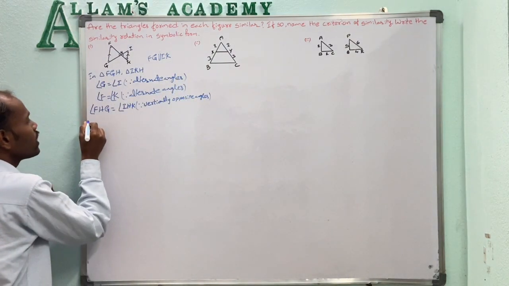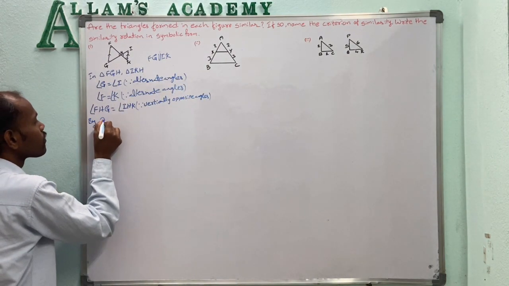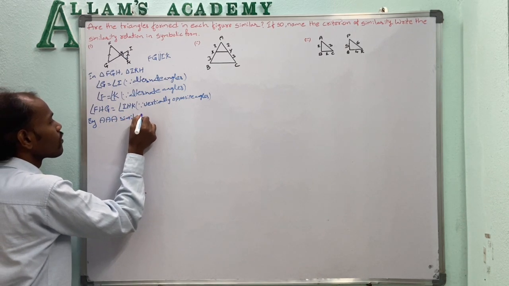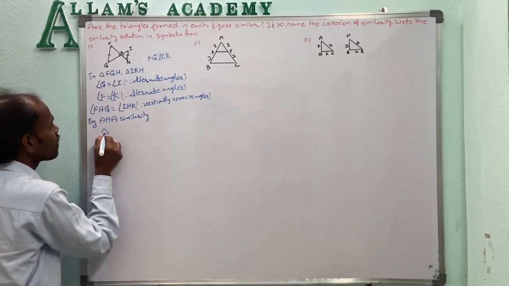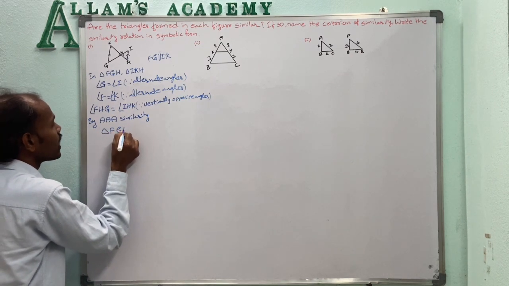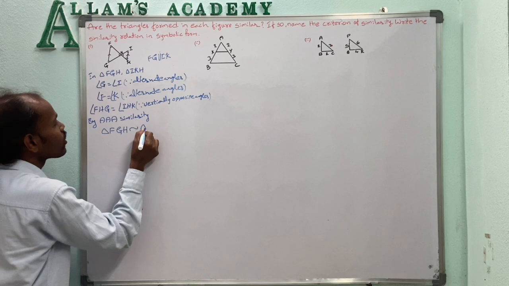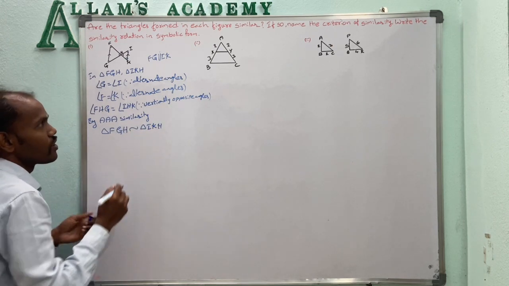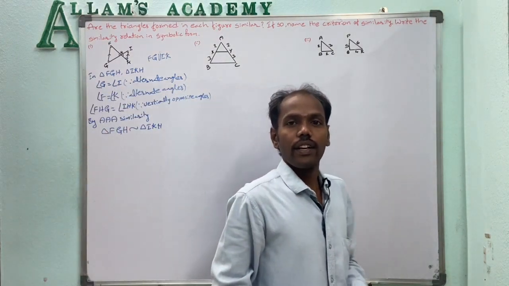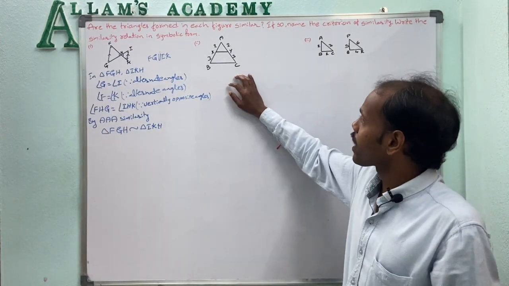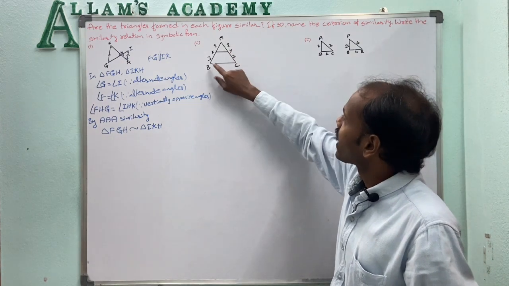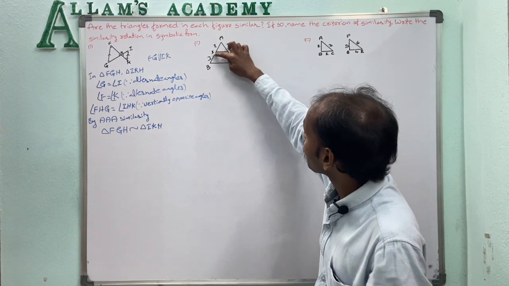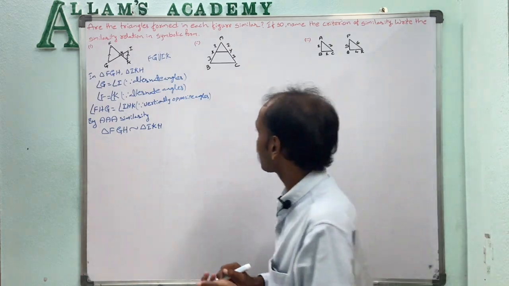So by AAA similarity, triangle FGH is similar to triangle IKH. Now the next problem: here given ABC, one triangle, and AXY, another triangle.